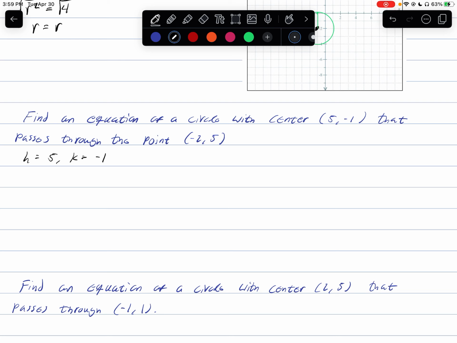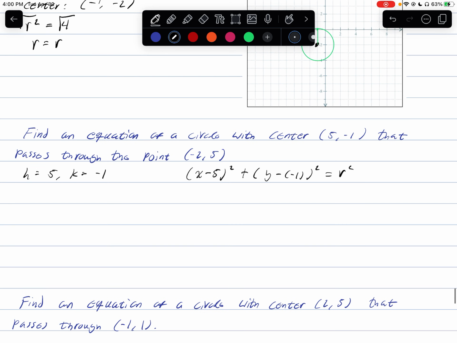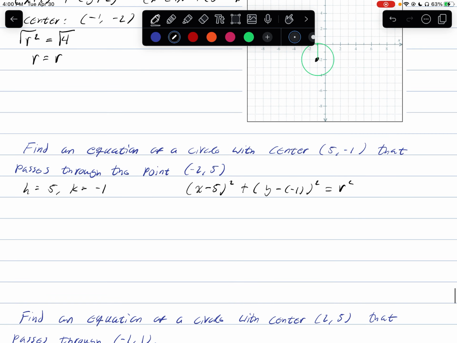So therefore, we know that the equation of the circle is going to be given by x minus 5 squared plus y minus negative 1 squared equals r squared. And we don't know what r is. But what we do know is the definition of the radius, and we also have some point on the circle. So the definition of the radius is the distance from the center of the circle to any point on the circle. So all we have to do is find the distance between 5, negative 1 and negative 2, 5.